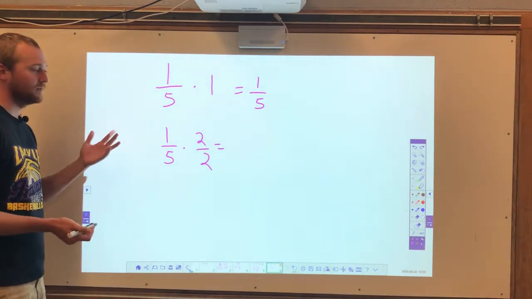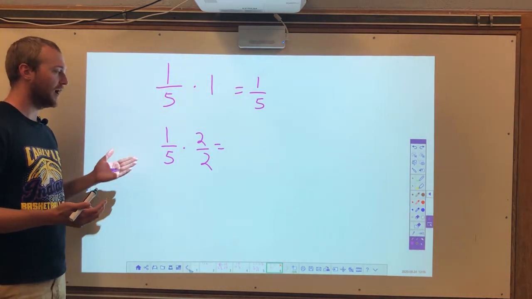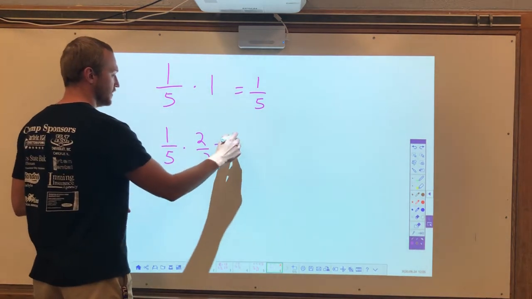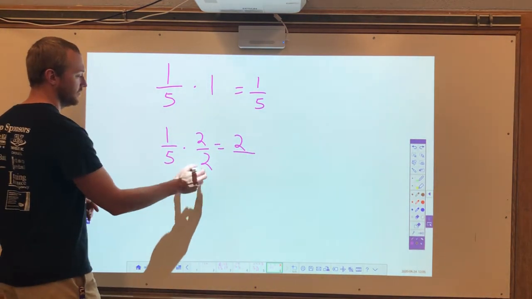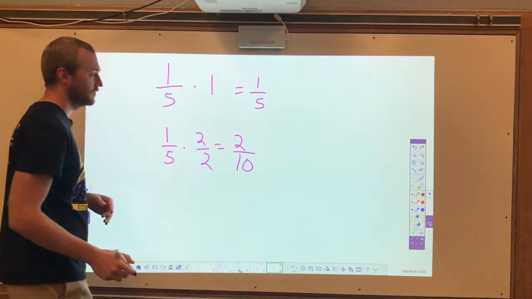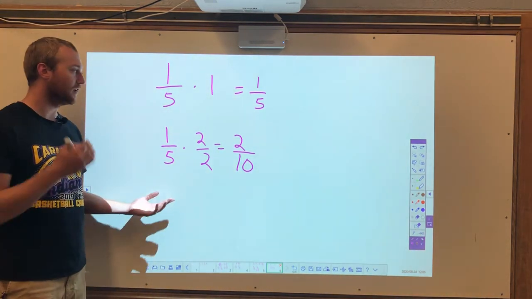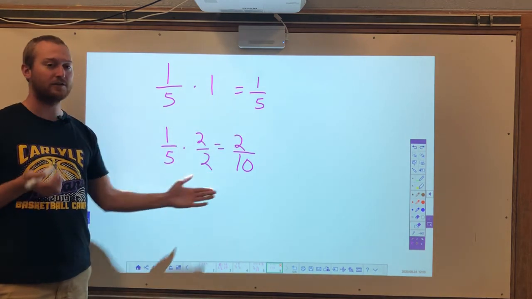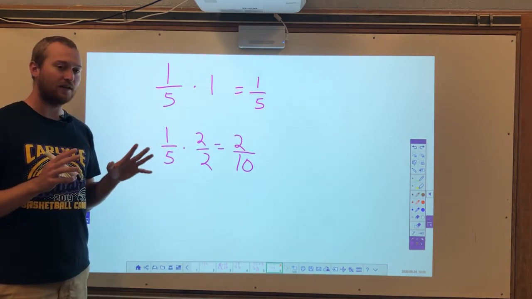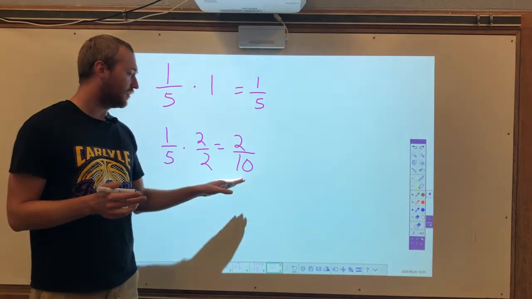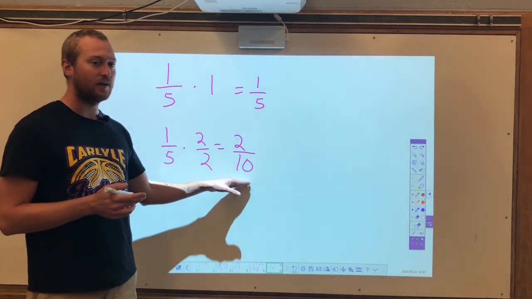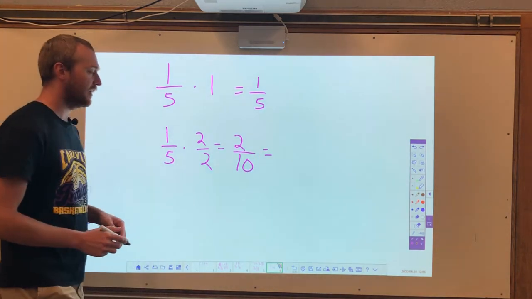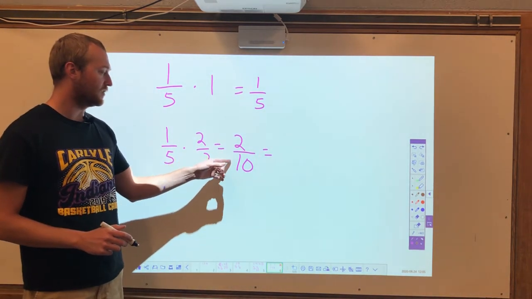So if I multiply my fractions across, 1 times 2 gives me 2, 5 times 2 gives me 10. Your first thought might be, Mr. Rieger, I thought we multiplied by 1 for both of these. Why did we get a different fraction? Let's take a second and think. We need to simplify this still, right? 2/10, we can simplify that. What's the greatest common factor between 2 and 10?